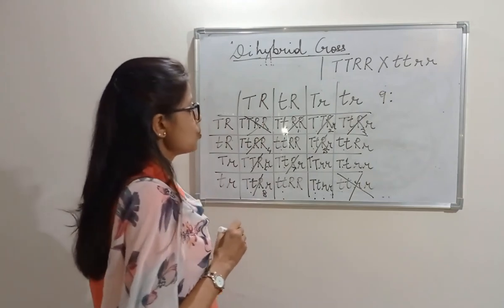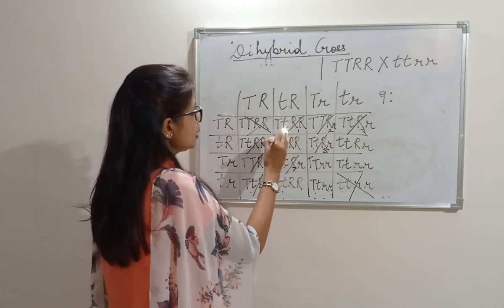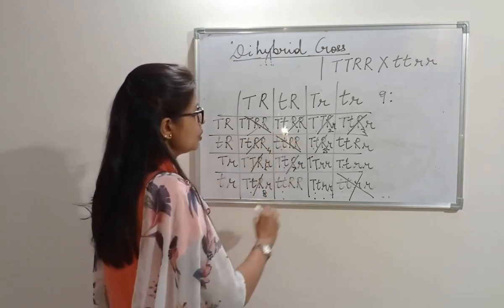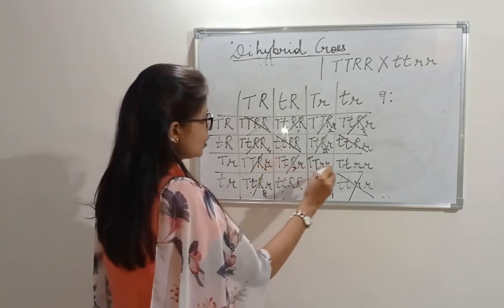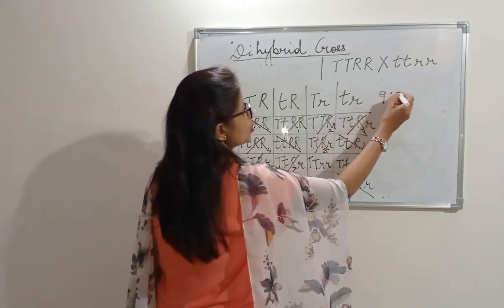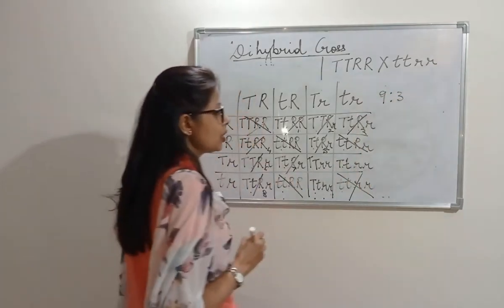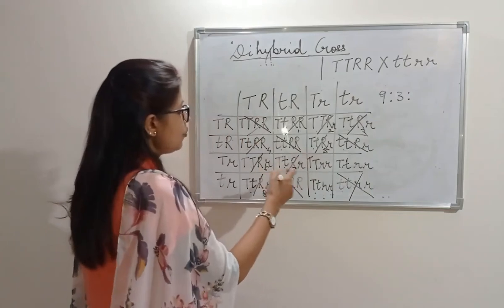Now we are going to see dwarf and round. This is dwarf and round, dwarf and round. Then again we have dwarf and round. So the ratio comes as 3. Then what is left?